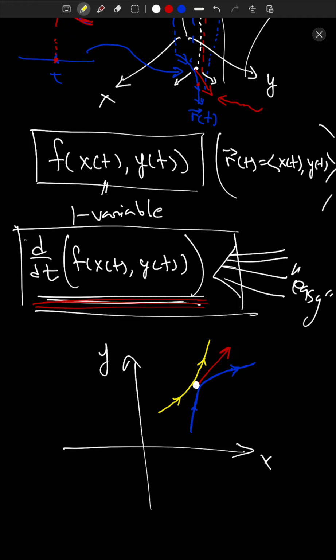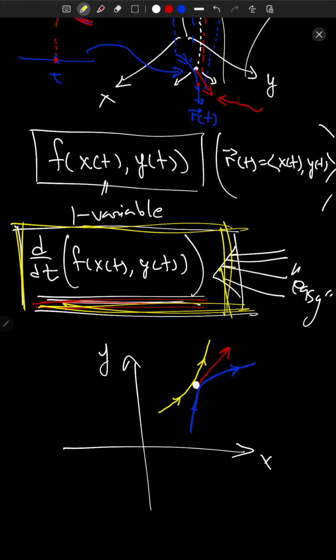Because this one variable derivative here is supposed to represent how my function changes. And if I do different curves and I get different answers, then that's not going to be any good, right? So we're going to resolve one of the issues right now.